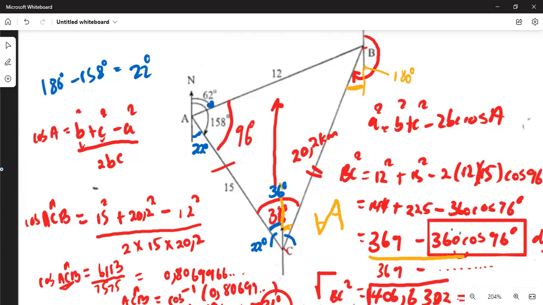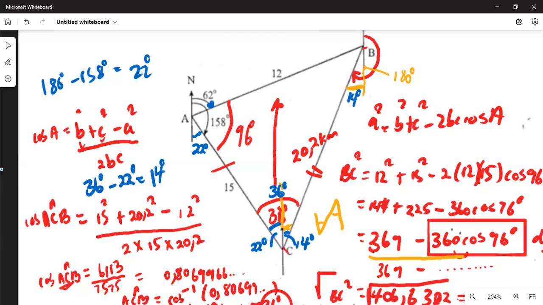So 36 degrees minus 22 degrees is going to give us 14. So this will be 14 degrees. So this angle here is 14 degrees, which is this part at CE, which is similar to the angle here, which is 14 degrees.